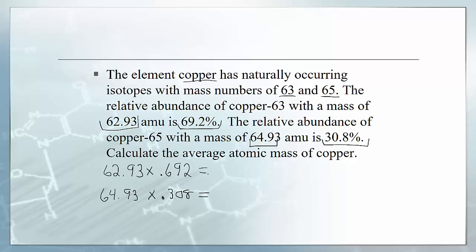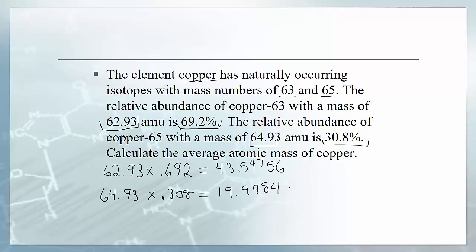Now, keep in mind that in order to do this correctly, you have to make sure that you have changed your percentages to decimal points. So this first one comes out to be 43.54756, and the second one comes out to be 19.99844.